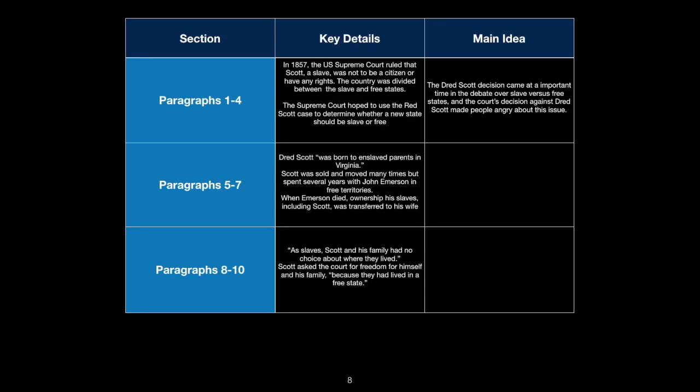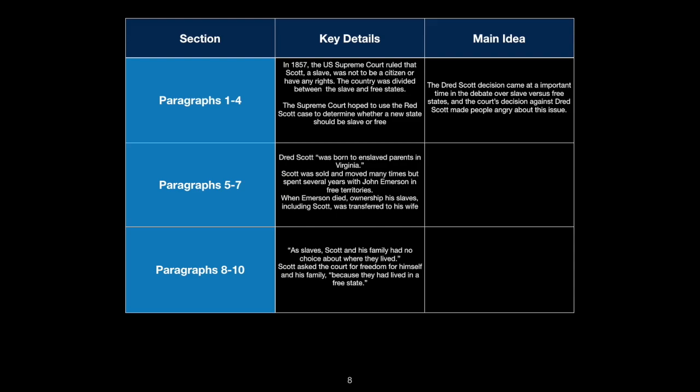Okay, let's look at our graph right here, guys. So we have the section, key details, and main idea. Paragraphs 1 through 4. The key details there: in 1857, the U.S. Supreme Court ruled that Scott, a slave, was not a citizen and had no rights. The country was divided between the slave and free states.